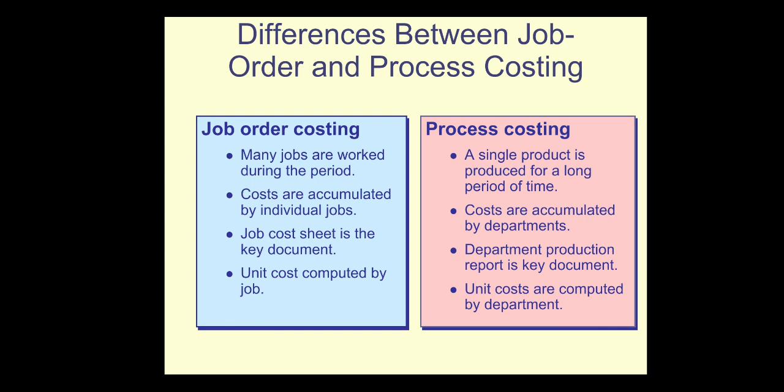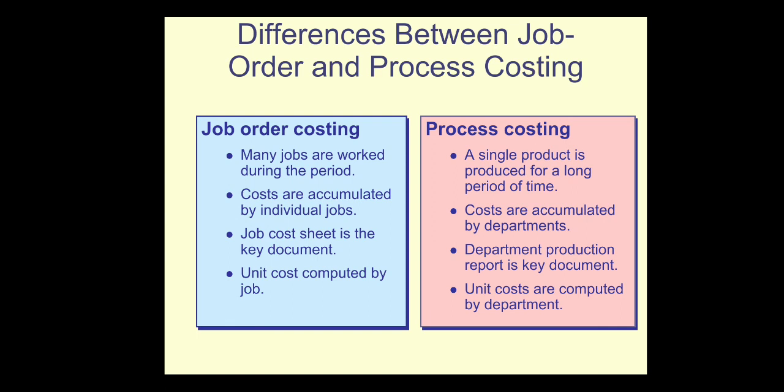And the second point is that costs are accumulated by individual jobs. For businesses that use job order costing, costs are accumulated or calculated by individual job. Cost is calculated for every job separately.